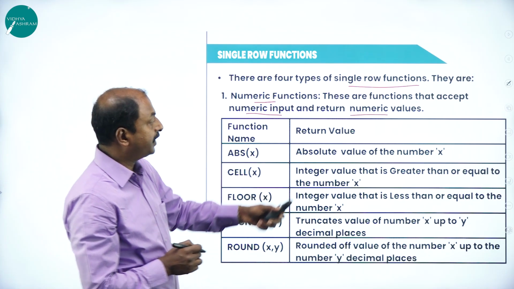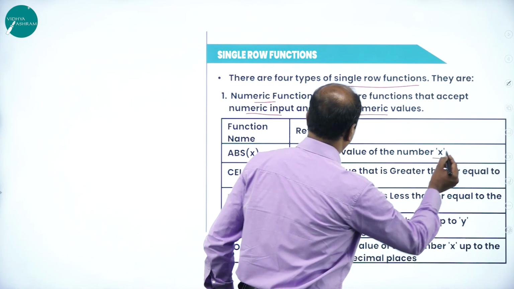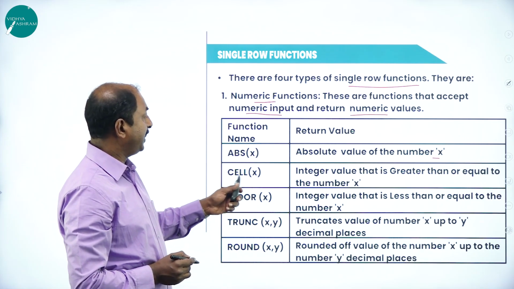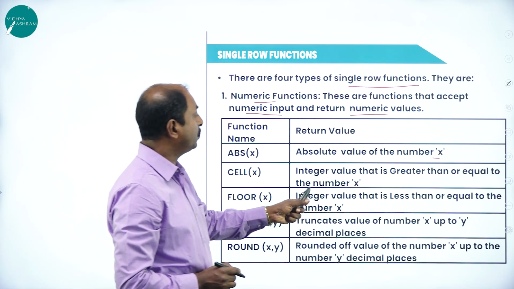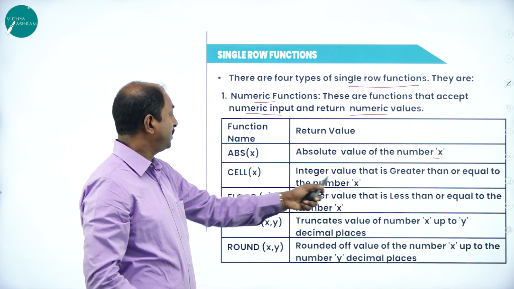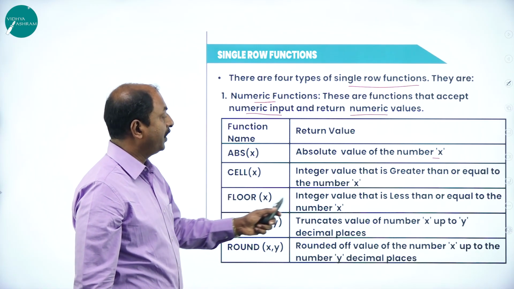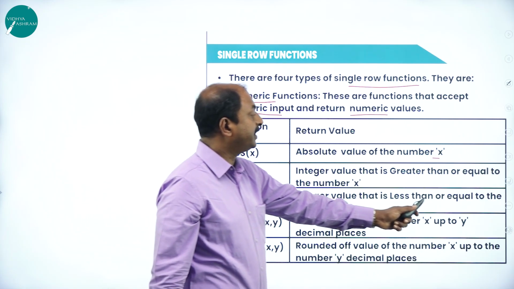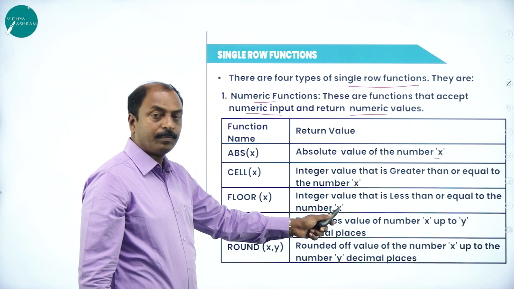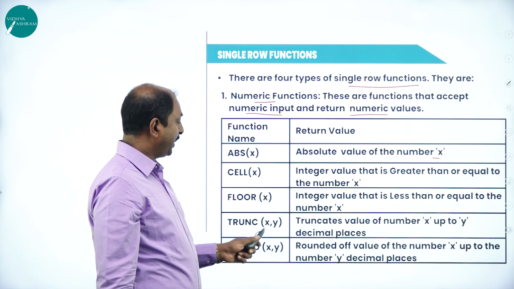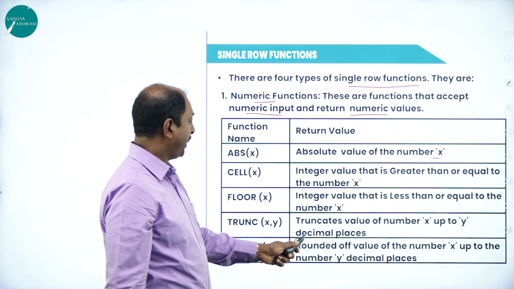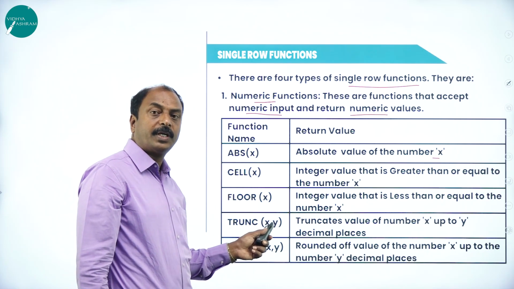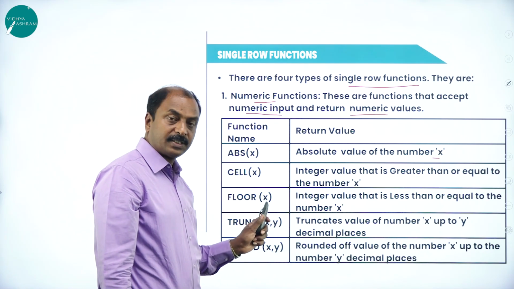It returns the absolute value of the number X. And CEIL returns the integer value that is greater than or equal to the number X. And FLOOR returns the integer value that is less than or equal to the number X. And TRUNC truncates the value of number X up to Y decimal places. We are going to take out the number of decimal places.